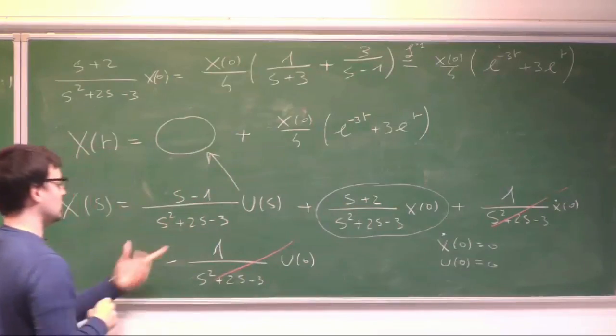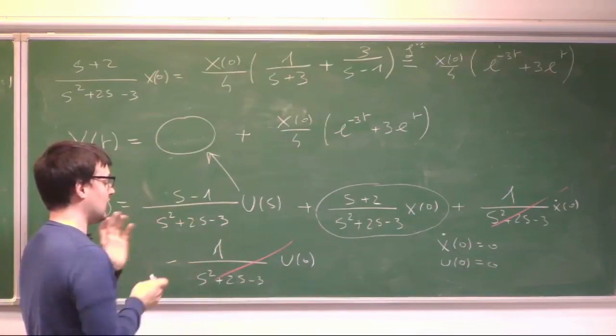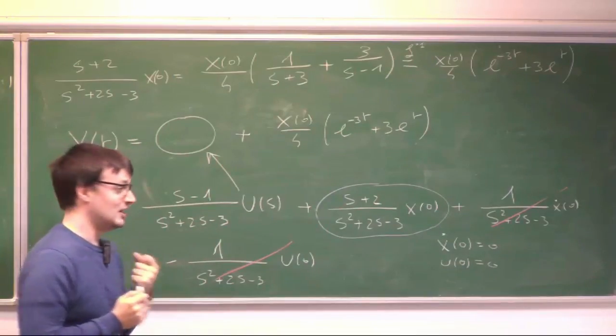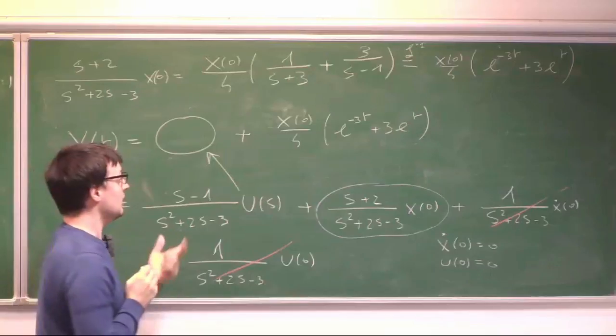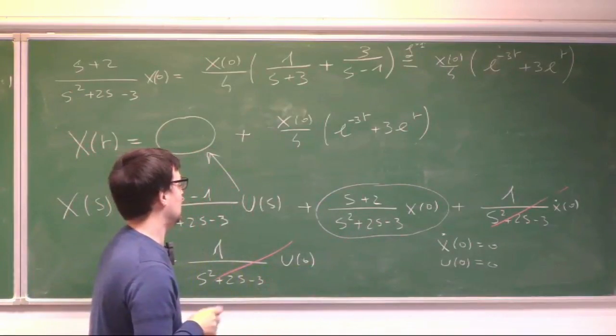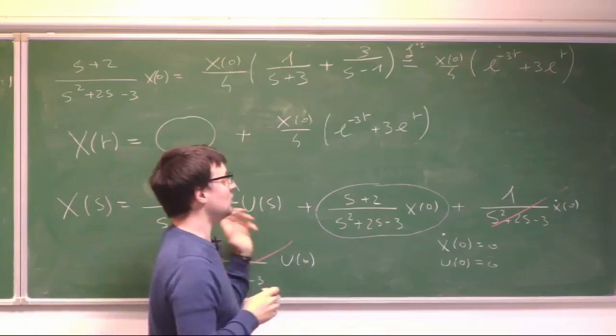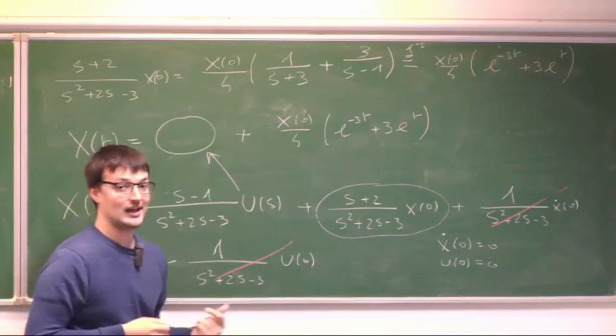And if we don't cancel the unstable pole here, we know that this is an unstable system. But if we cancel that pole there, then we will miss this information, and we will think that the system is asymptotically stable, but that's not the case.